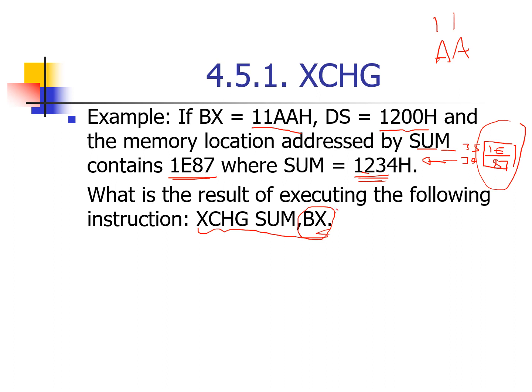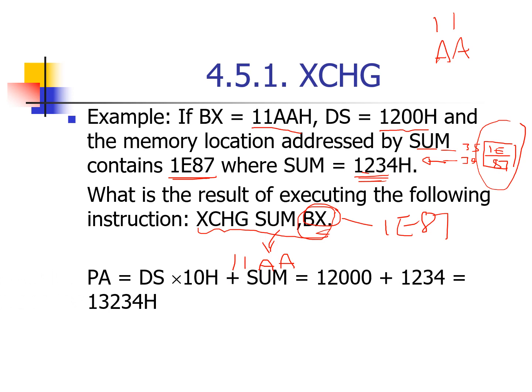So after execution, BX will contain 1E87, and sum will contain in its 35 byte, the highest byte 1, and the lower byte AA.